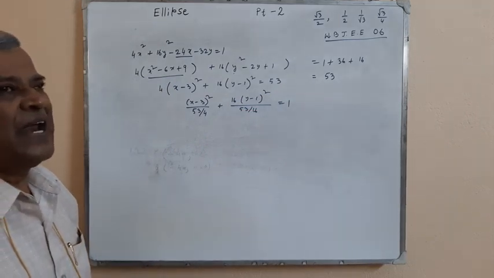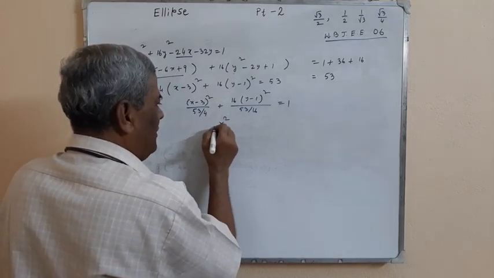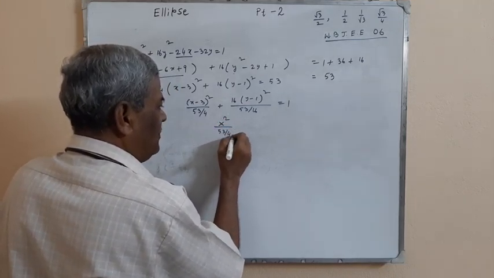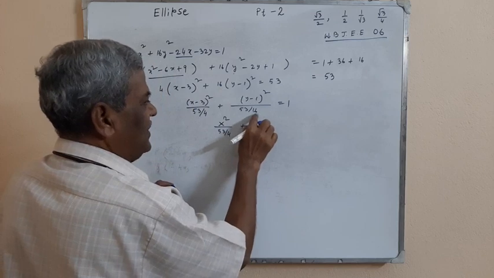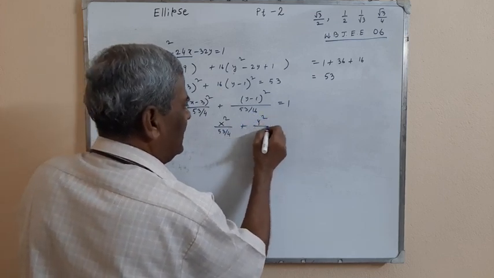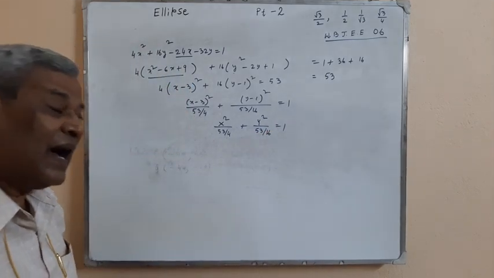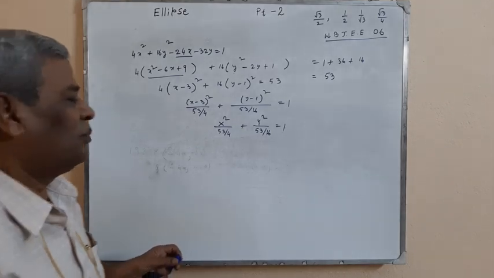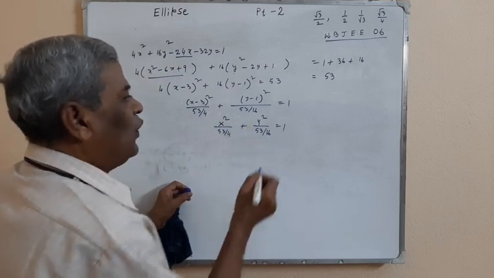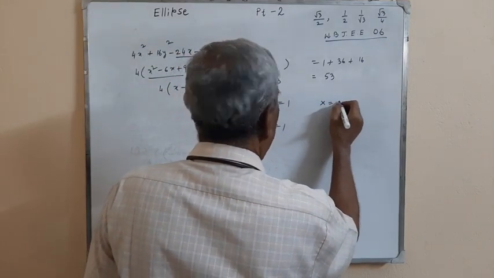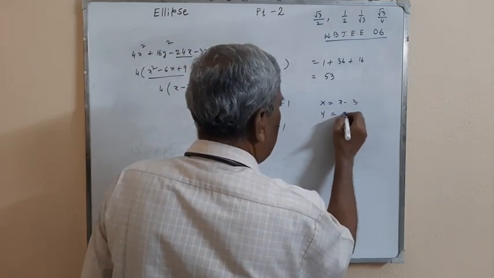Now it is standard form, X square by 53 by 4 plus Y square by 53 by 16 is equal to 1, but the variables are capital X and capital Y, where capital X is equal to x minus 3 and capital Y is y minus 1.